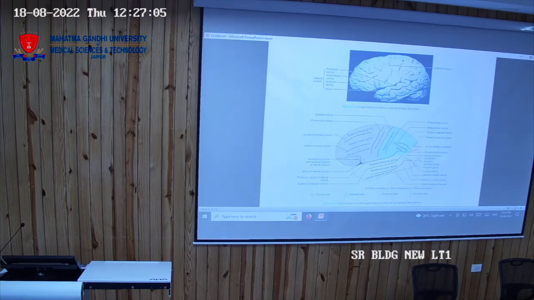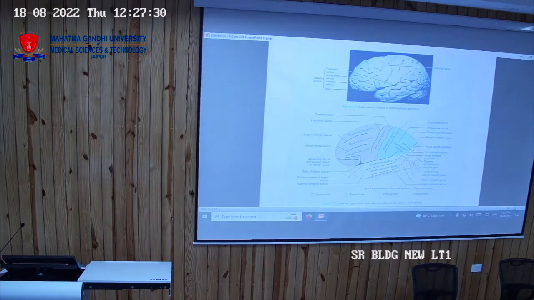Then come to the part of the temporal lobe. In the temporal lobe, there are two horizontal sulci, the superior and inferior, and they divide this temporal lobe into the superior temporal gyrus, middle temporal gyrus, and inferior temporal gyrus.